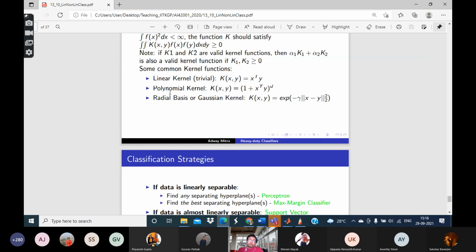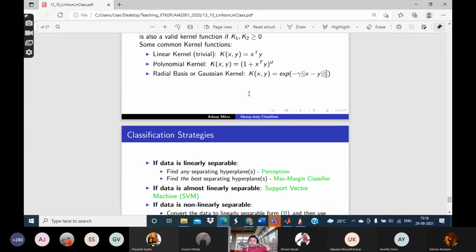Is it the polynomial kernel or the linear kernel or this RBF kernel or some other kernel? That you have to first of all specify. In fact, you can define your own kernel function also, as long as it satisfies Mercer's condition.